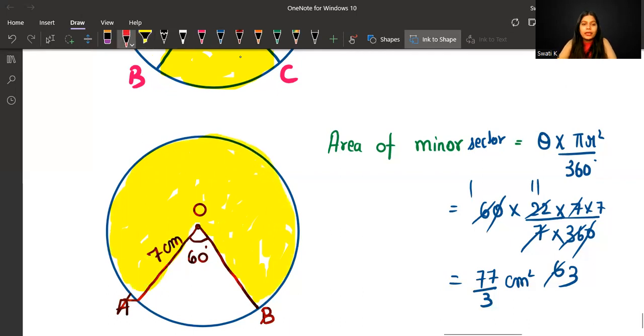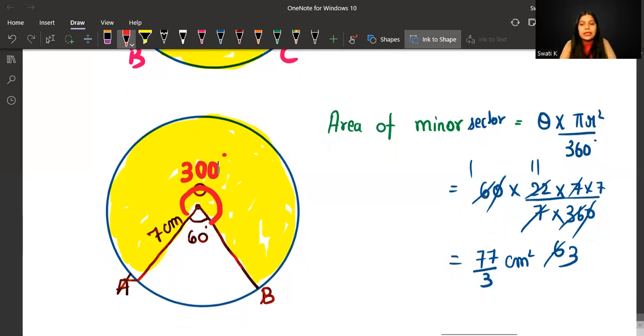How? If this is 60 degree, of course, this angle is going to be 360 minus 60. So it is 300 degree. Now you have the value of theta for the major sector. So you can simply find out area of major sector by using the same formula and putting the value of theta as 300 degree.